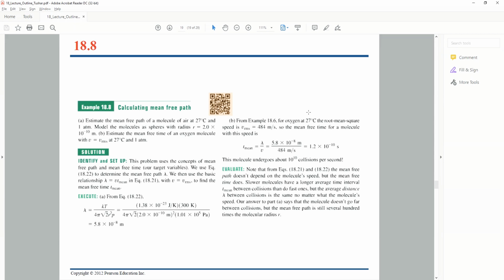The mean free time is just equal to lambda, the mean free path, divided by the velocity, or the average velocity of the molecule.